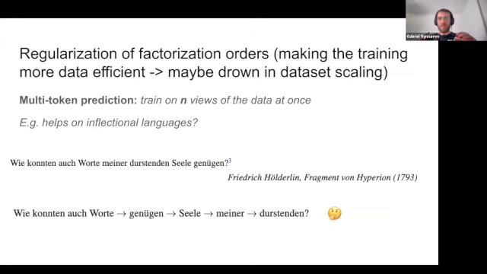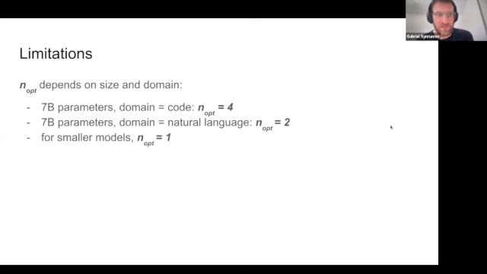So looking at a bag of tokens by looking at n plus k tokens gives you more freedom to work on languages where the dependencies are much less left to right than in English. And it's also maybe just making the training more data efficient.